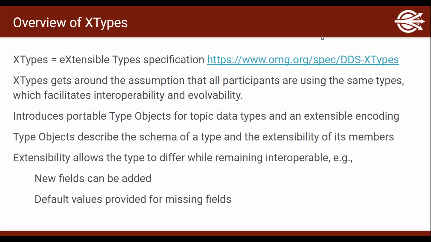Say that you define a number of fields in that struct, but maybe an older version of the software or an older writer doesn't necessarily write all those fields. You provide default values for those missing fields. So the extensibility is really important in terms of allowing interoperability, both forward and backward compatibility. So let's move to the next slide.